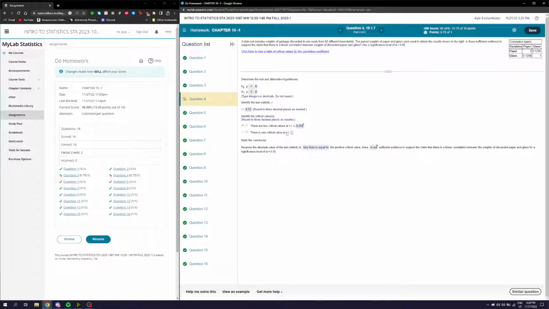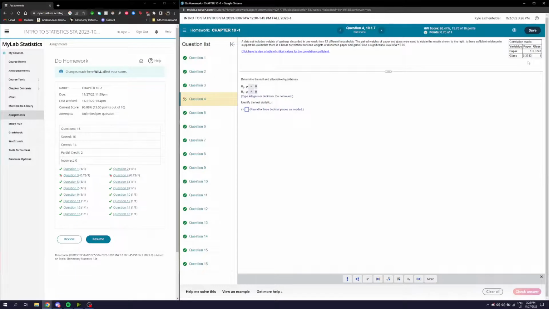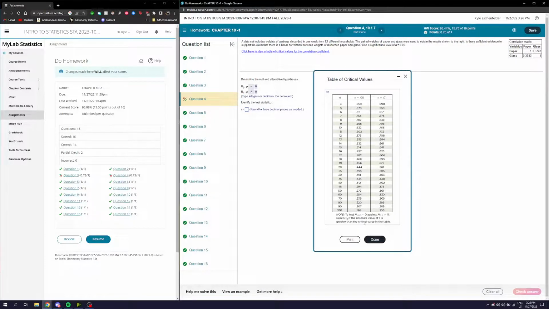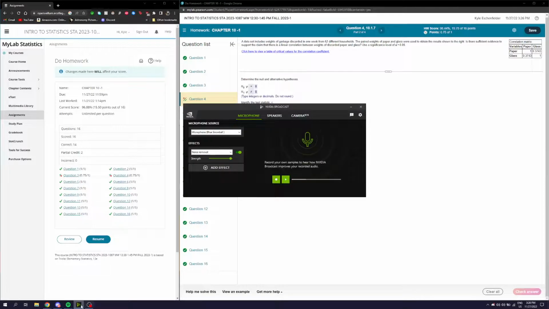And then this is exactly the same, but we'll go through it anyway. Equal sign, less than or equal sign, 0, 0. Test statistic is... waiting, I'll figure it out.